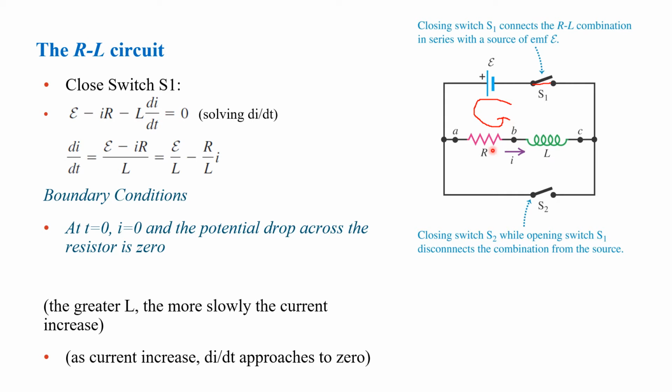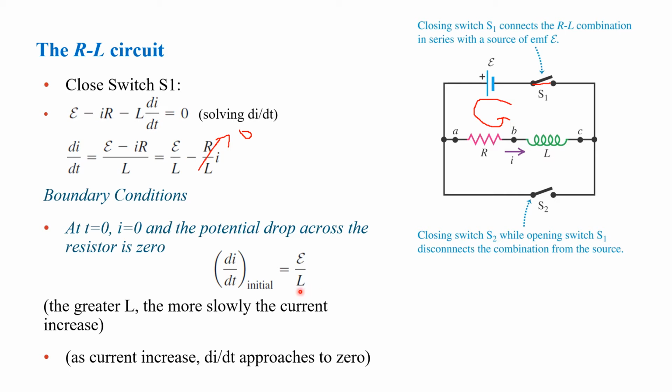So if at time equals 0 your I is equal to 0, from this equation there is no voltage in your resistor, so this is 0. So at time equals 0, your dI over dt, or the time rate of change of your initial current, is just equal to epsilon over L.